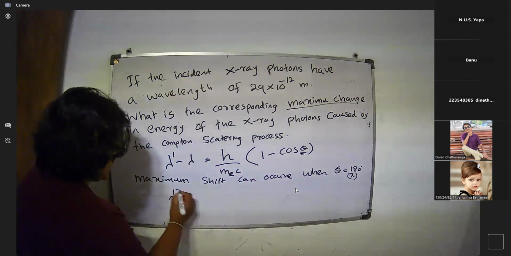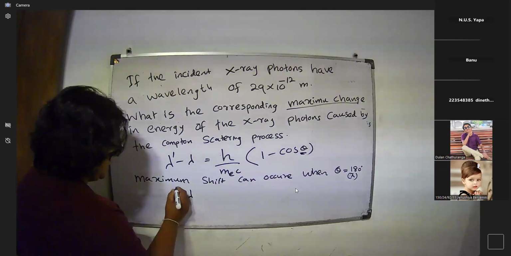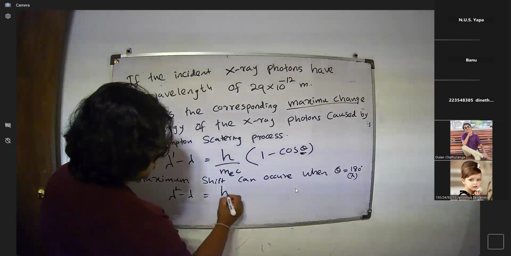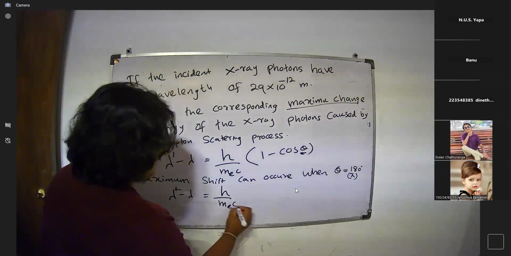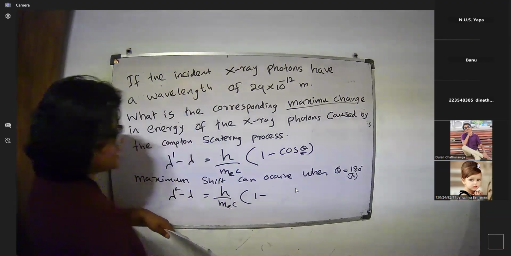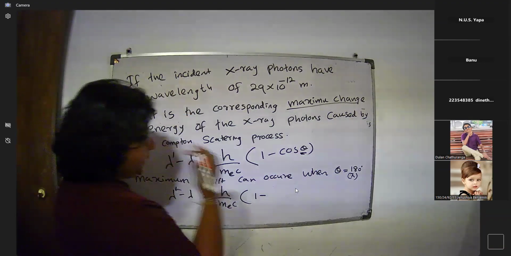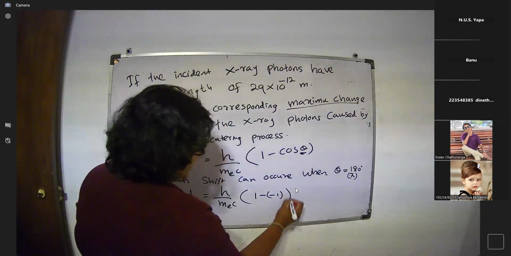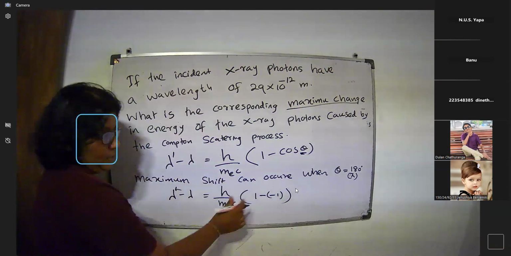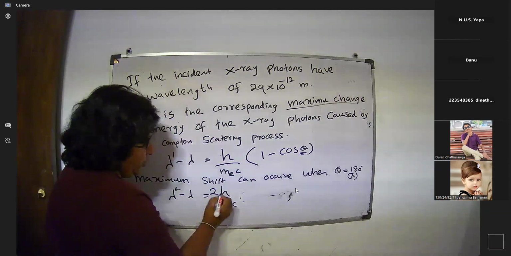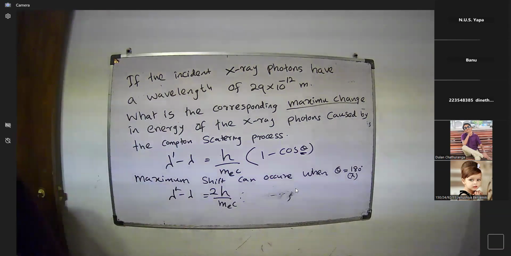Then lambda dash minus lambda is equal to h over m e c into 1 minus cos theta. Cos 180 is minus 1, then it becomes minus minus plus 1, 2. So 2h over m e c is the maximum value. Then the question is asking what is the maximum energy, which comes from cos theta in this equation, right?